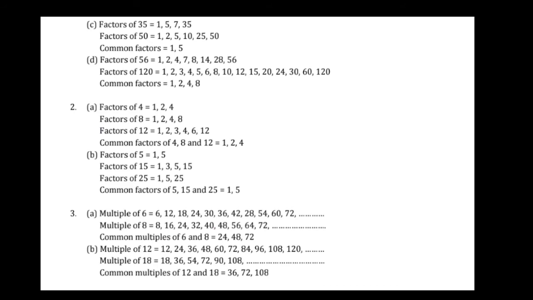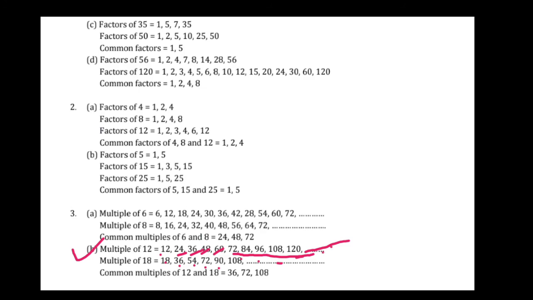Now same like that in B, there are two numbers, 12 and 18, and we have to find their common multiples. First write their multiples: 12, 24, 36, 48, 60, and so on infinitely. And same like that, multiples of 18: 18 ones are 18, 18 twos are 36, 54, 72, 90, 108.